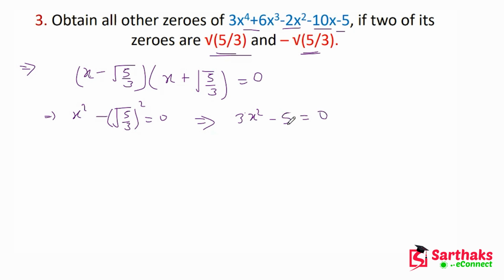So now we will divide f of x, means we will divide this term by this divisor, 3x square minus 5. Okay, so this is a factor of this. Okay, so the quotient obtained will also be the factor of f(x) and the remainder will be 0. So now this is our new divisor and our dividend is this.